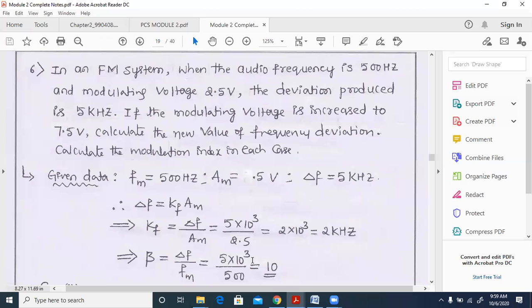That is del F is 5 into 10 to the power of 3 divided by 500. That will give us the value 10. Beta greater than 1 will give us wide band frequency modulation. So if the bandwidth is asked, you can try to find 2 Fm plus 2 del F, because beta is greater than 1.